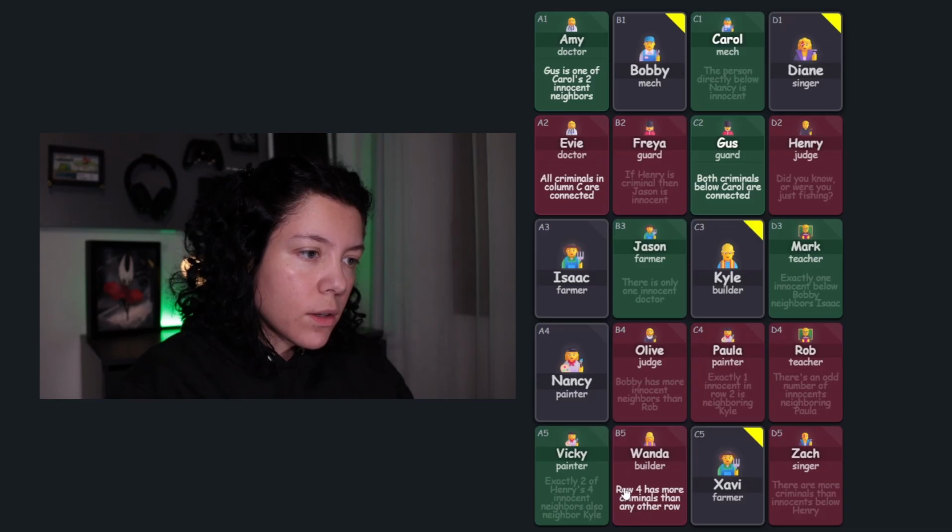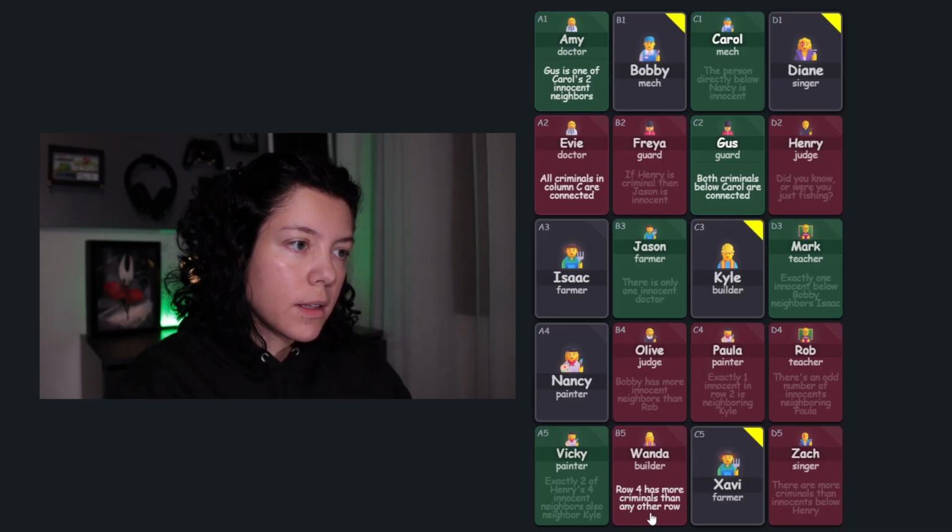Now Sue is telling us that row 4 has more criminals than any other row. And that tells us that Nancy is a criminal, because row 2 has 3 criminals, which is the same as row 4 has now.